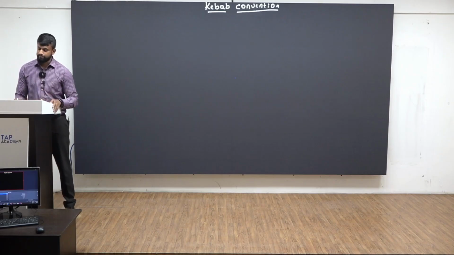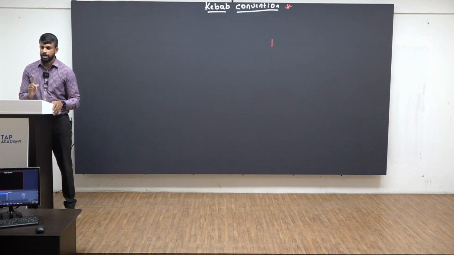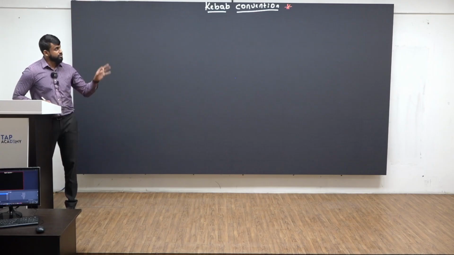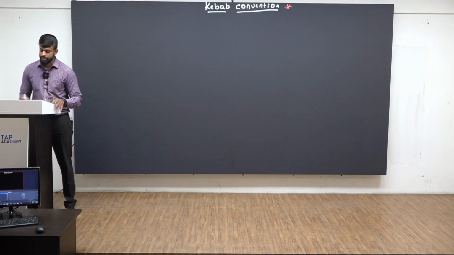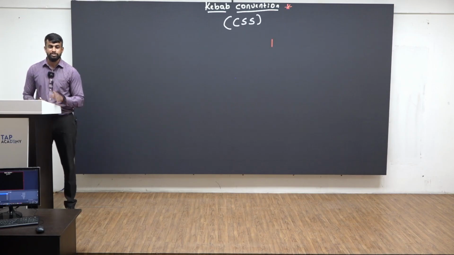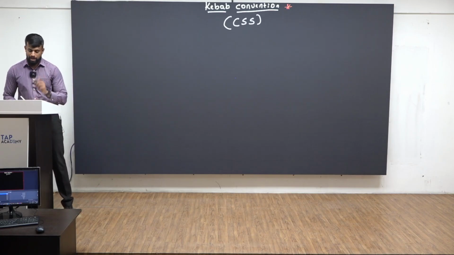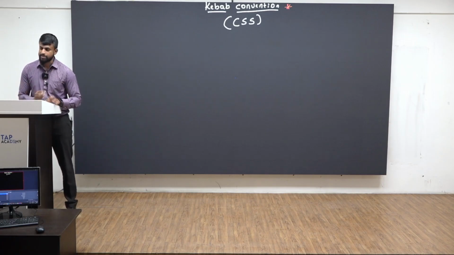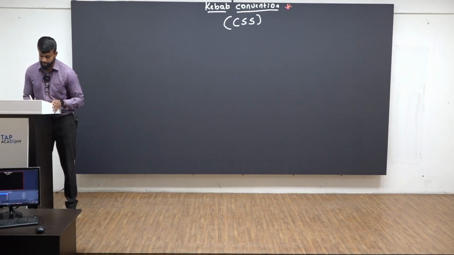First of all, I'm putting a disclaimer for all of you. Kebab convention will not work in Java. But this convention is there in the IT industry, and it is used in a technology known as CSS, but not in Java. Now you'll ask me how this kebab convention works, sir. Let me tell you.